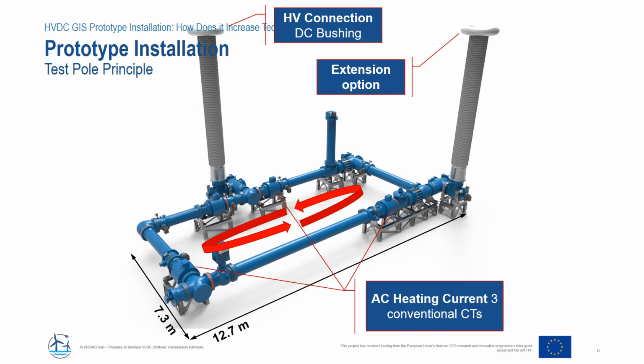And the test pool has the form of a ring to be able to induce a heating current using conventional current transformers, so that we can also have thermal stress and the influence of the high temperatures on the dielectrics as part of the test.